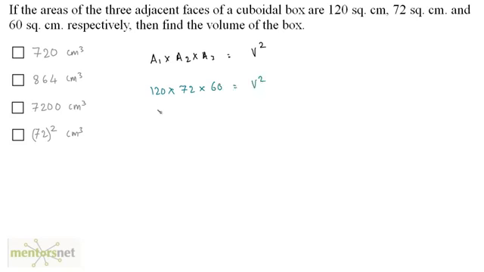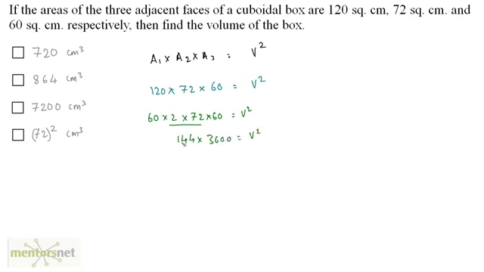So this 120 can be written as 60 times 2 times 72 times 60 is equal to V square. Now 2 times 72 is 144 times 60 times 60, and 60 times 60 is 3600, is equal to V square.